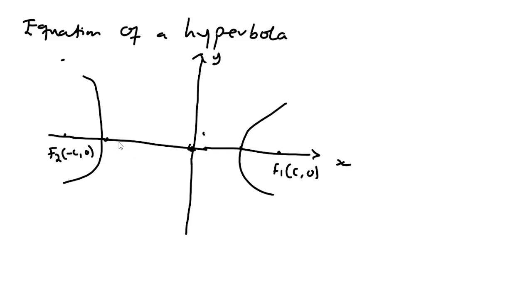The distance from this point to this point is a, and from here to here is also a. It means the whole of this will be 2a. This is the constant from the definition of the hyperbola. Let's take a point P on the graph, with coordinates x, y.